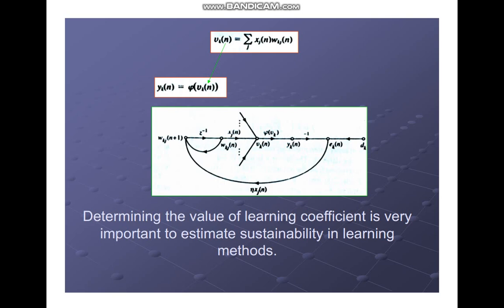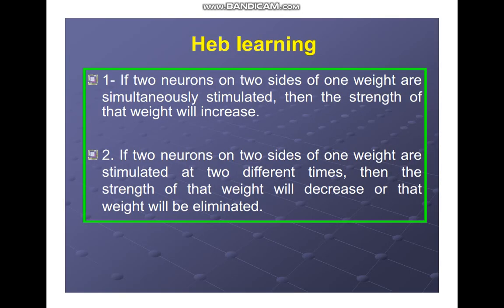Here we are showing how to determine the value of the learning coefficient, which is a very important factor in this learning process. How do you select it? It is a positive number between 0 and 1. Can you select it near 0 or near 1? This will be explained in future chapters.